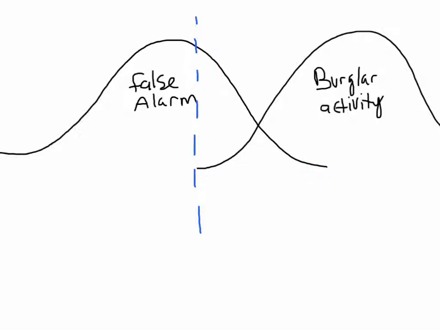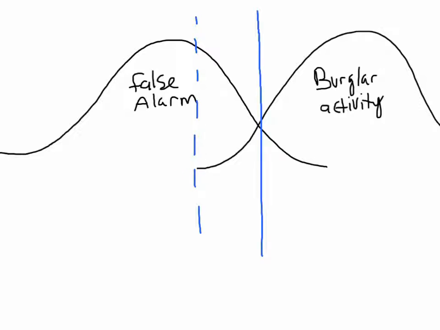So a high sensitivity will get you a high false positive rate, and you can assure yourself that anything on this side will not set off your alarm, that it's going to be a true negative, that there really is no burglar, because burglar activity stops right here.